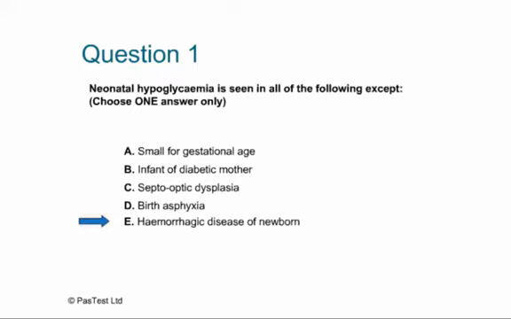In birth asphyxia, hypoglycemia can be both due to glycogen depletion secondary to catecholamine release and also due to hyperinsulinemia. Hemorrhagic disease of the newborn is due to vitamin K deficiency and is not associated with hypoglycemia.